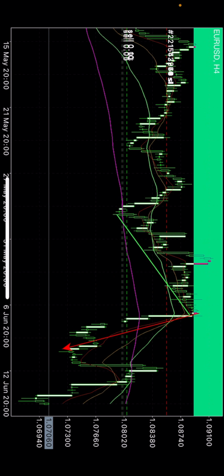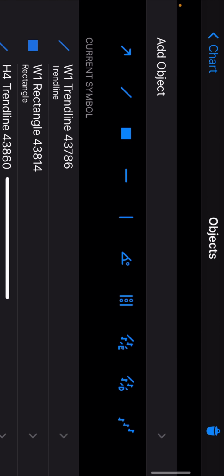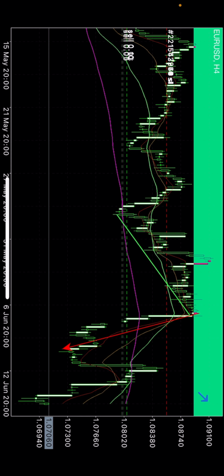So now that we got that, our rules have been met, our criteria has been met. Then what do we do? We wait for a retest of that strong move that price gave us, clearing previous structure. What then happens? We then entered our sell trades right here.